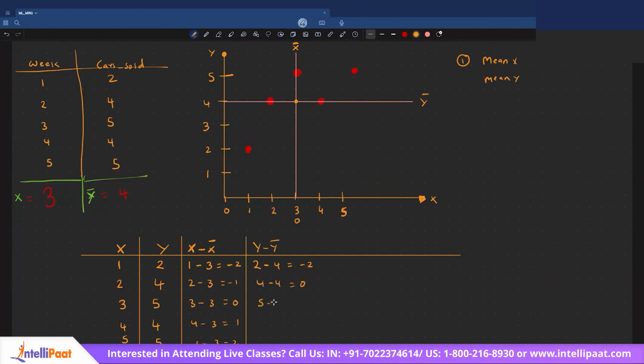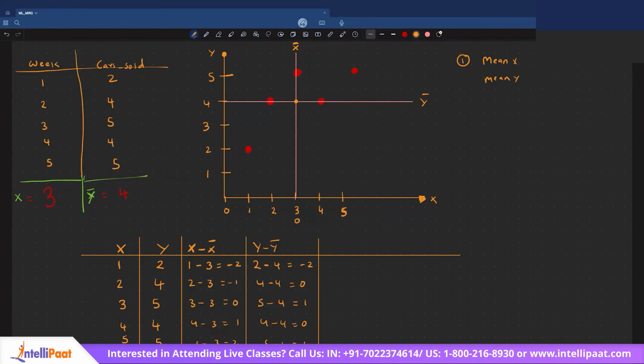What is 5 minus 4? 1. Is everybody clear what we did here with the calculation of x minus x bar and y minus y bar? Why did we do it? To understand how far off my data lies from the actual mean value.